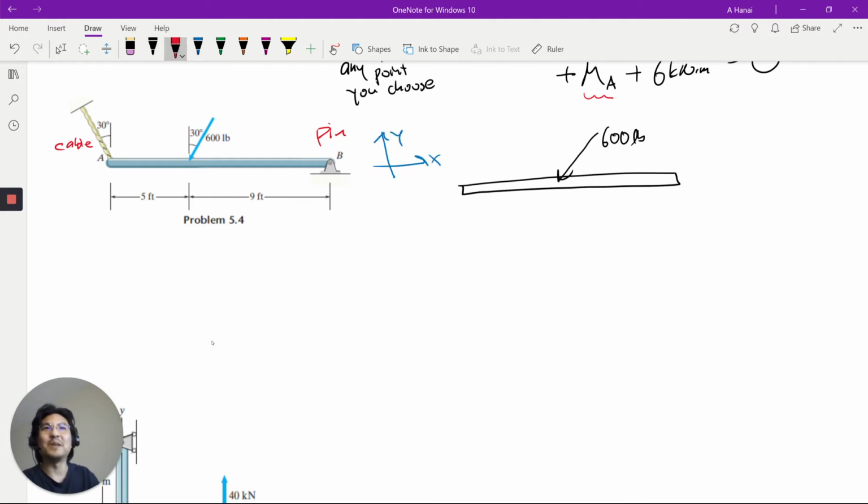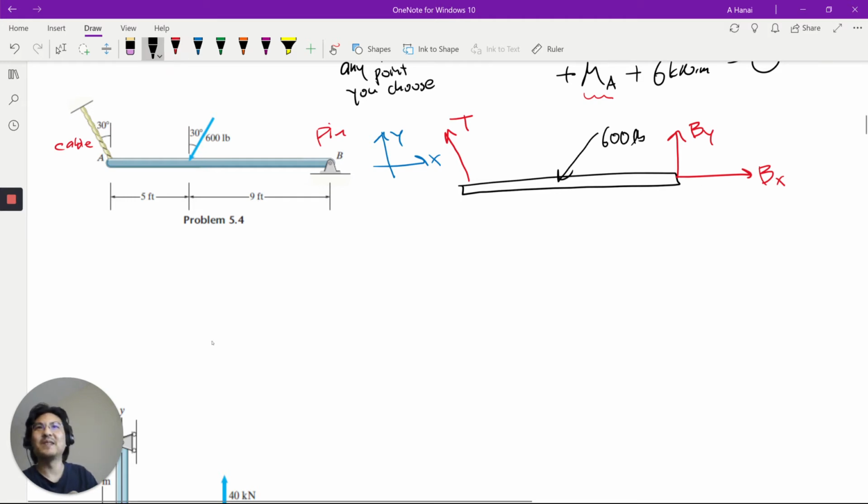So there's going to be a tension here in the cable, and then this is point B, so I'll just use letter B. There's a reaction at the support, which I'm just decomposing into X and Y components. Okay, so then that's our free body diagram.